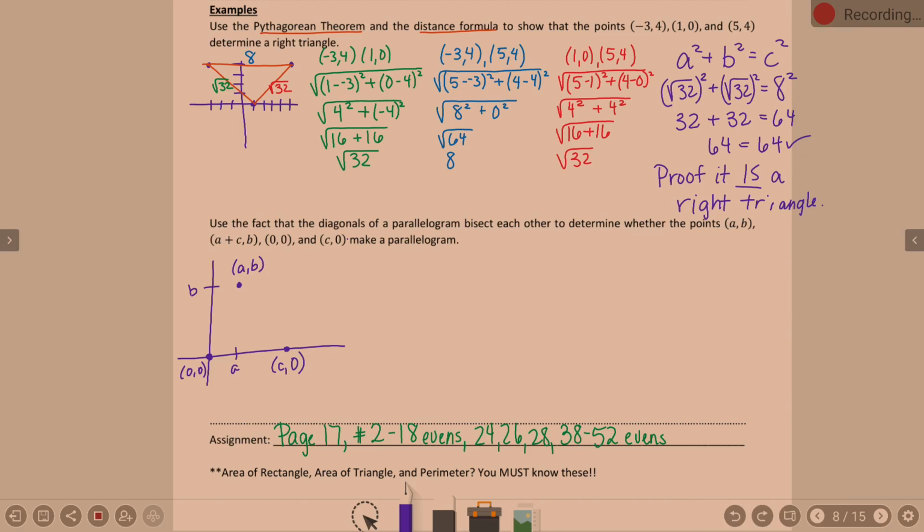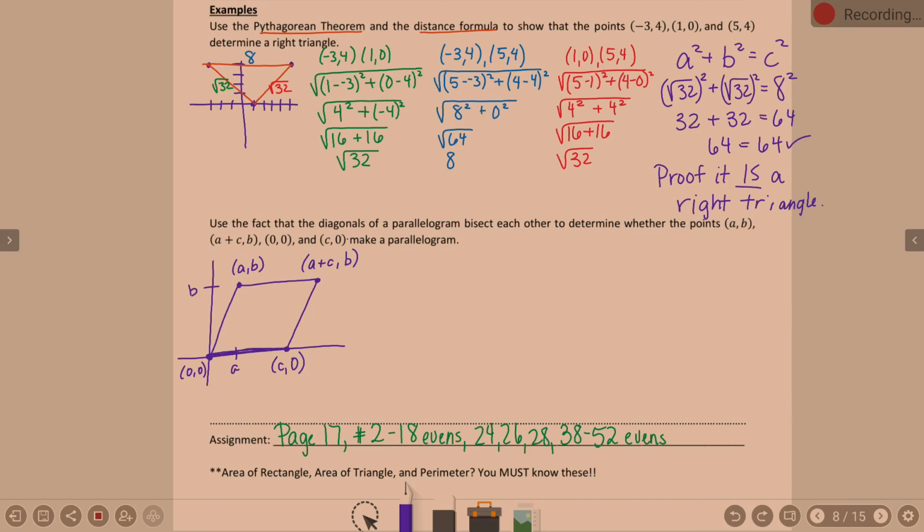So that point is (a plus c, b). A doesn't have to fall before c; it just makes a really long parallelogram if it doesn't.